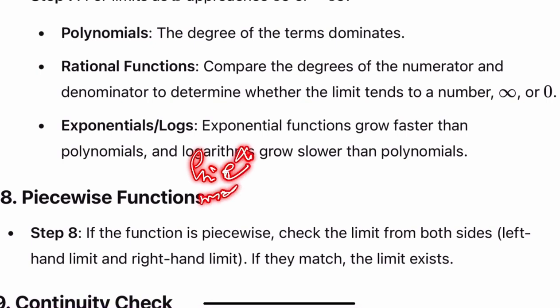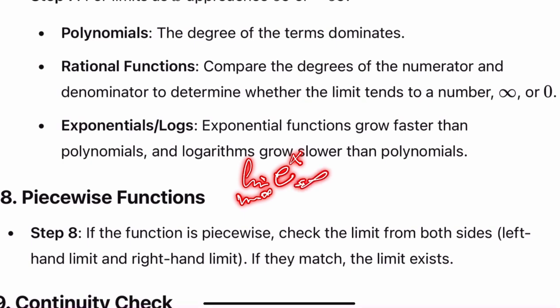The exponential function like e to the power of x grows extremely fast as x increases. As a result, e to the power of x approaches infinity as x approaches infinity. So for instance, the limit of exponential of x as x goes to infinity is infinity.